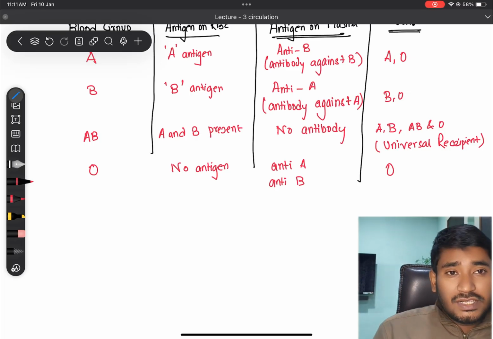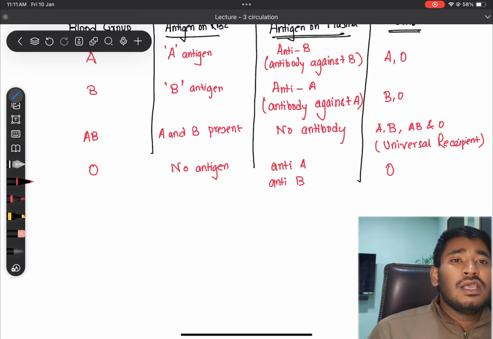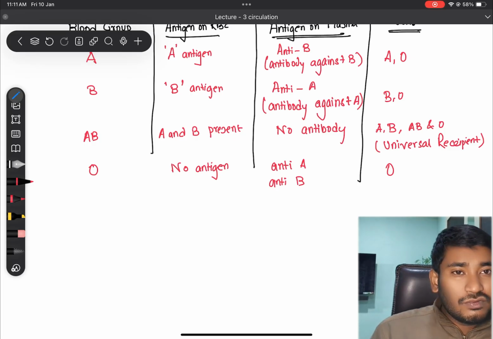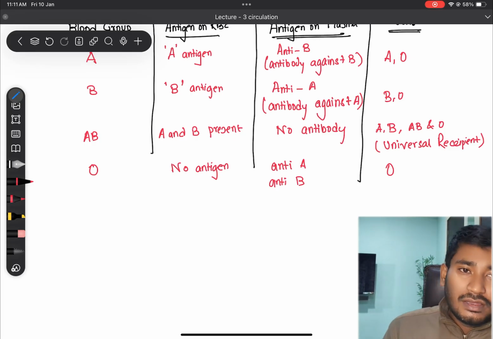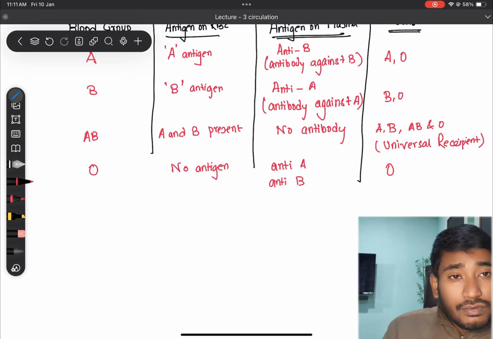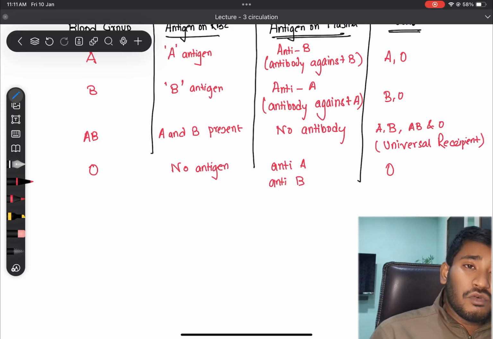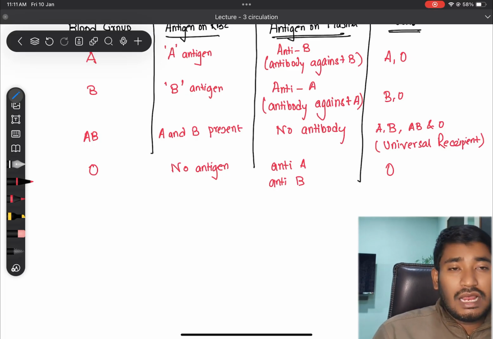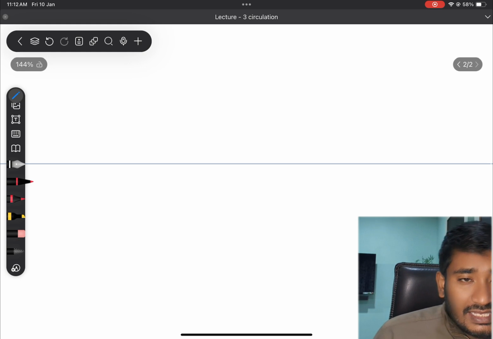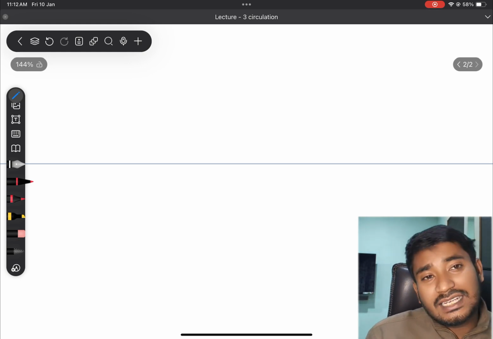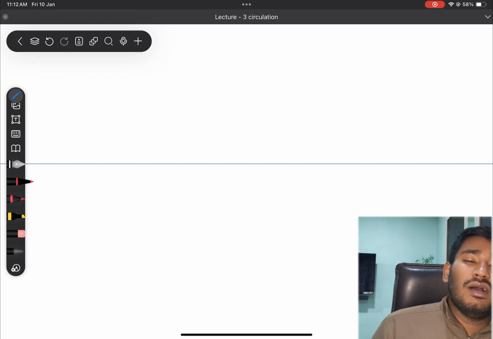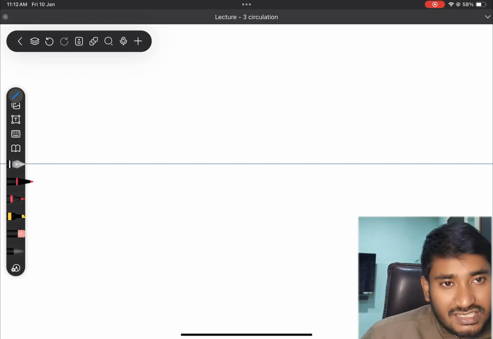O negative is the universal donor, not O positive, because in the Rh factor, if we give a patient of B positive blood of B negative, then no transfusion error will happen. But if we give an O negative patient blood of O positive, transfusion error will happen because of the Rh antigen. There is another type of antigen called the Rh antigen, the rhesus antigen. The rhesus antigen came from a monkey known as the rhesus monkey.